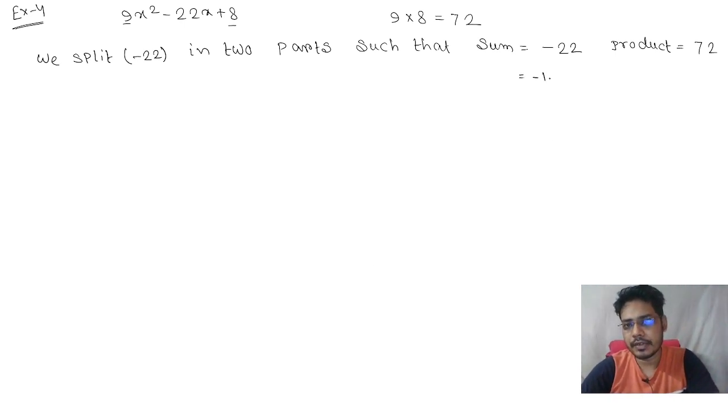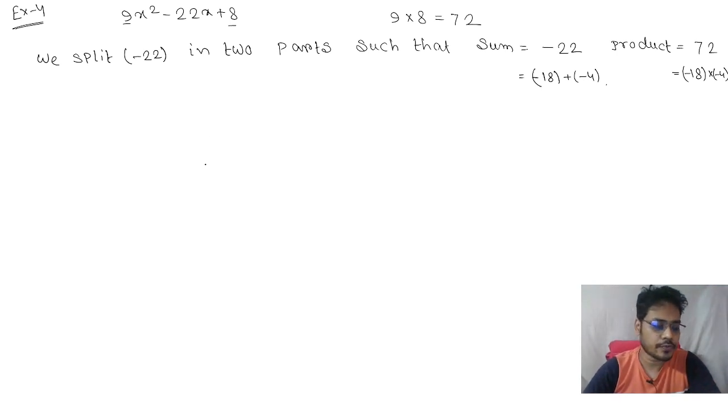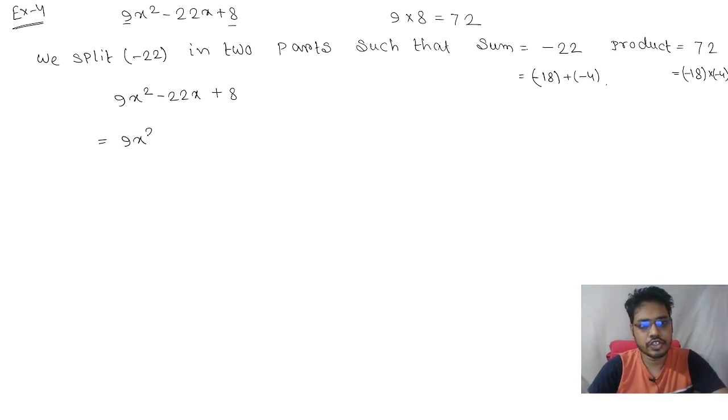We take the split into two parts, minus 18 and minus 4, and check: minus 18 multiplied by minus 4 also gives you 72. So the two parts are minus 18 and minus 4. Now 9x square minus 22x plus 8 can be written as 9x square minus 18x minus 4x plus 8.